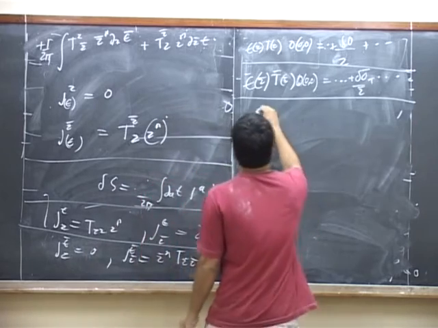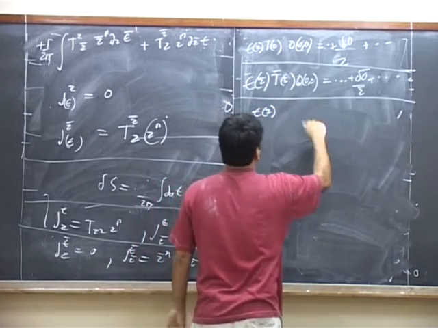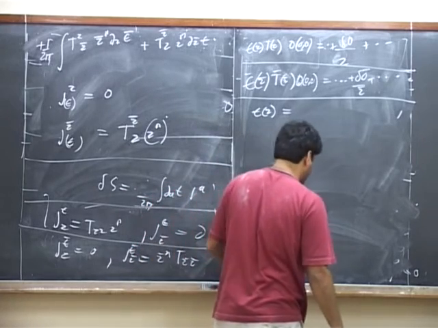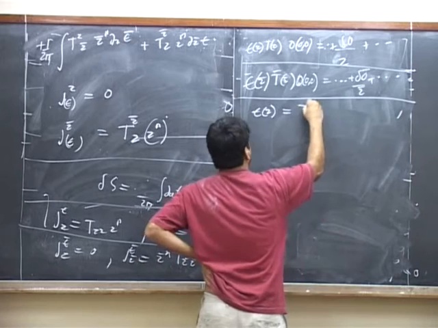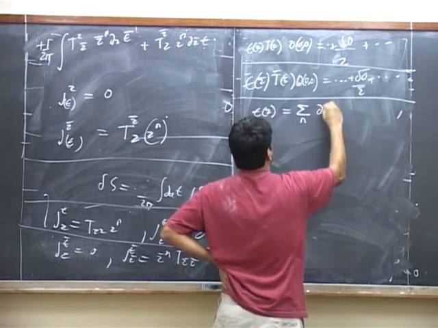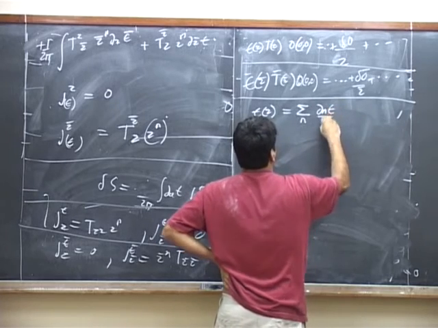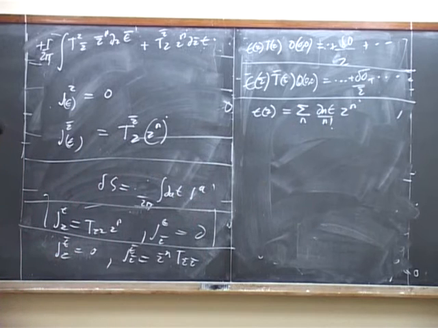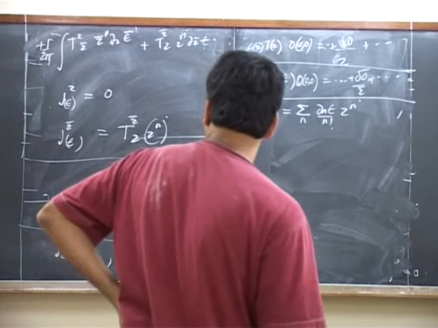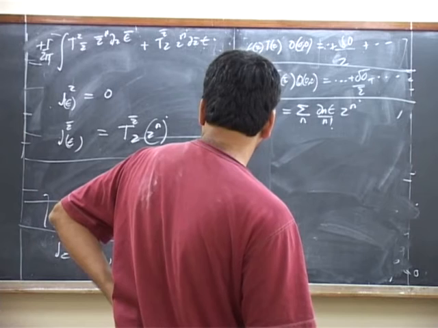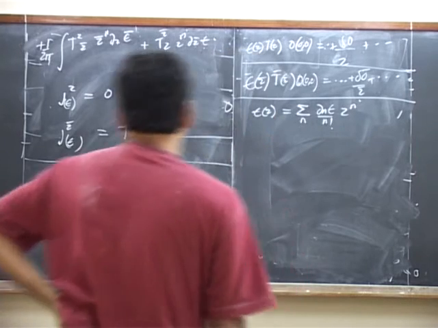Let's suppose that epsilon of z is anything, it has some Taylor series expansion. So it's the sum over n of del^n epsilon by n factorial times z to the power n. There's no choice.